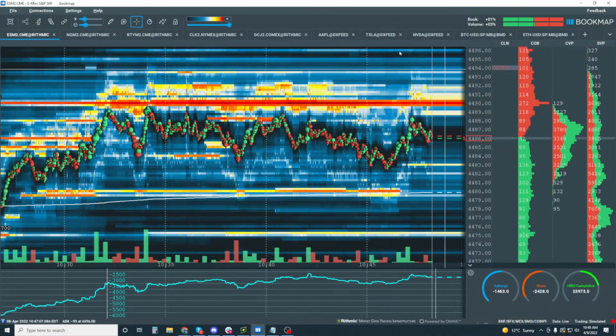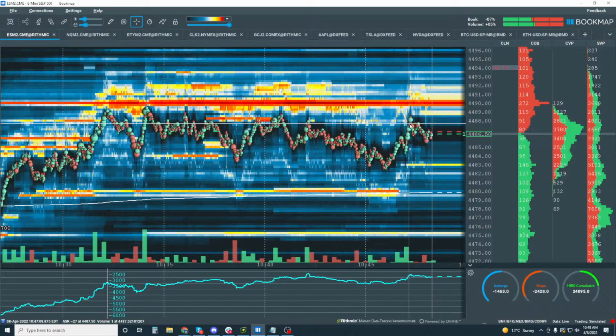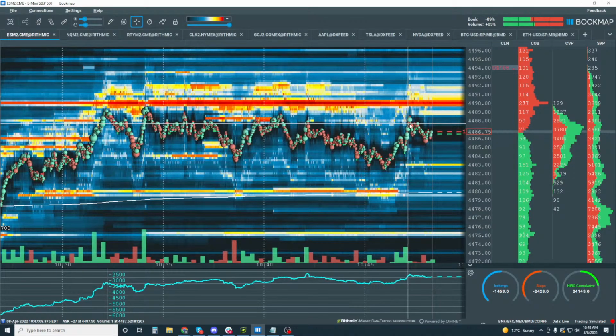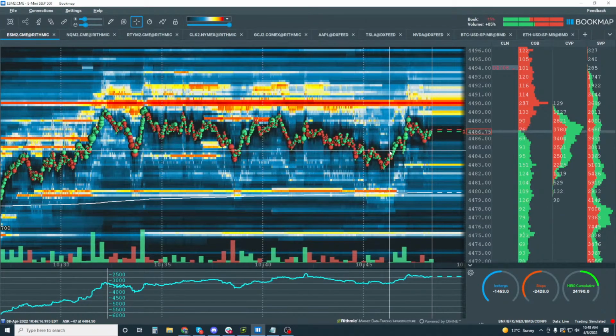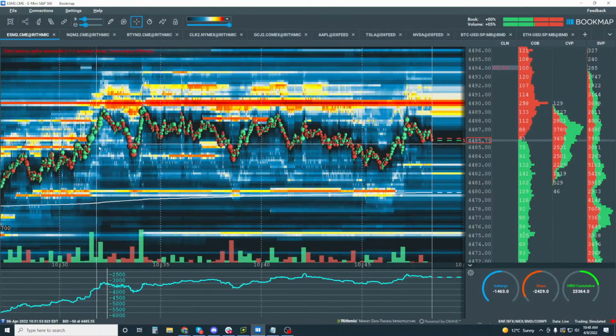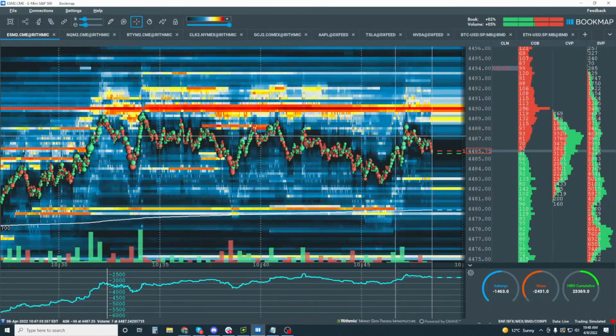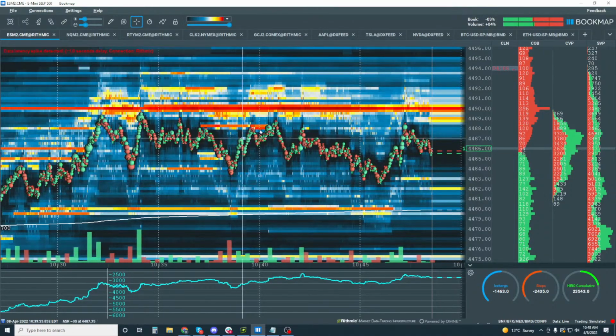Even Stadelmeyer talks about that with his volume strips. This is what rules right now, whereas all of this in here is not as important, because this is what can move the market and get these guys offside.